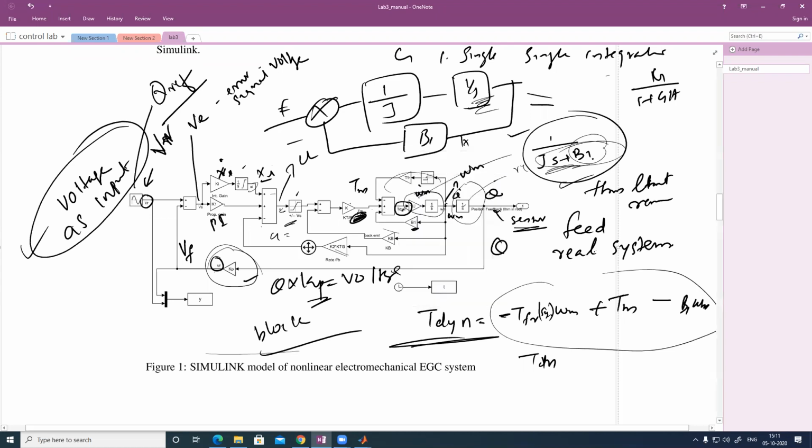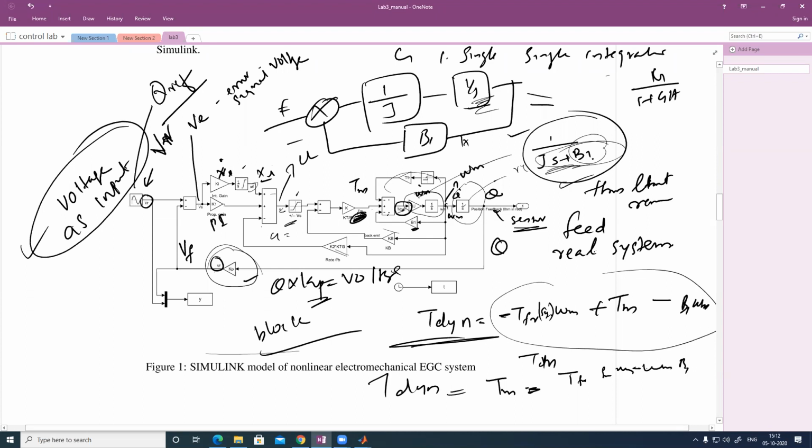So this Tm has to supply everything. Tm is only plus here, and this is the output. So Tm minus TFR into the signum function of omega m, and omega m into B1. Those things you have to subtract from Tm to give you T dynamic. Clear? Yes. Yeah, that is the T dynamic you are taking.